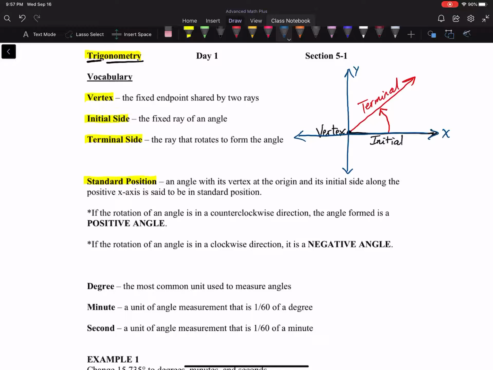When your initial side, this orange side right here, is on the positive x-axis, the angle is said to be in standard position.